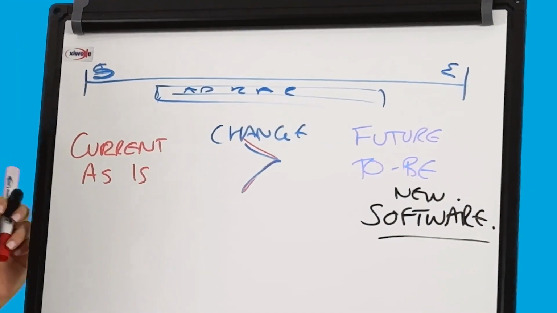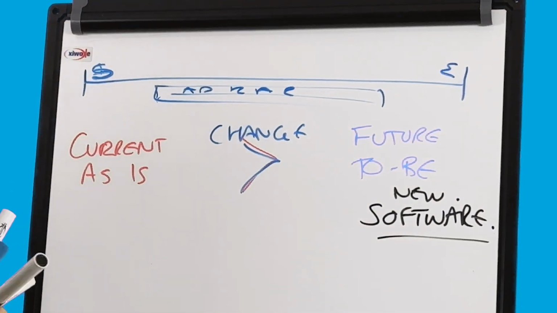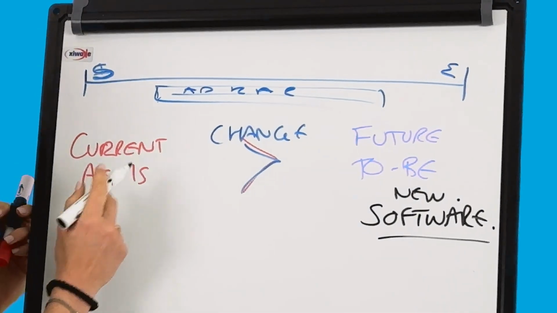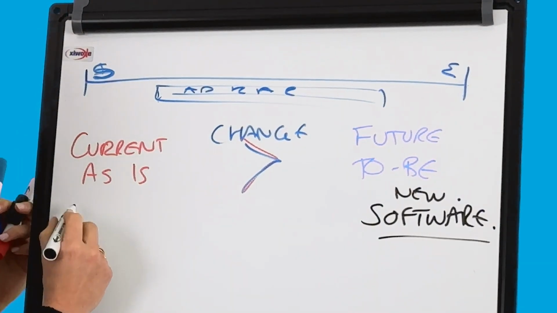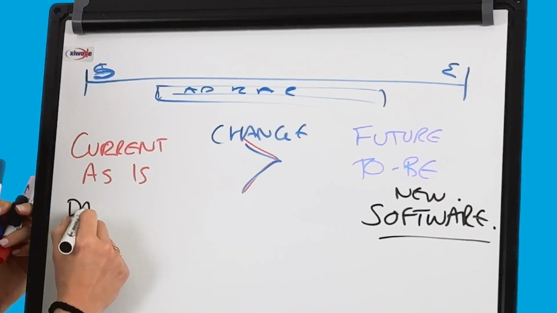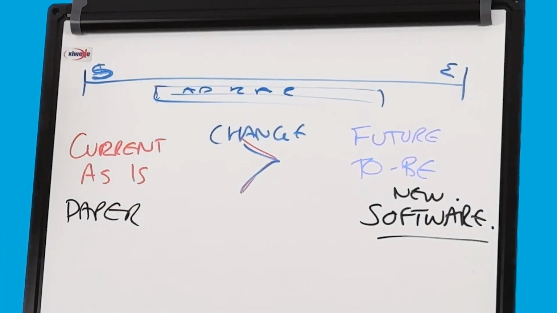And currently, the as-is of that new software is done on paper. I don't know how many people do things on paper nowadays, but let's just pretend for a moment.